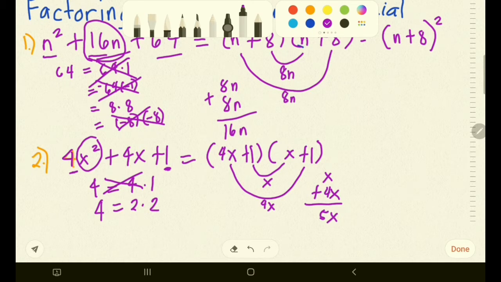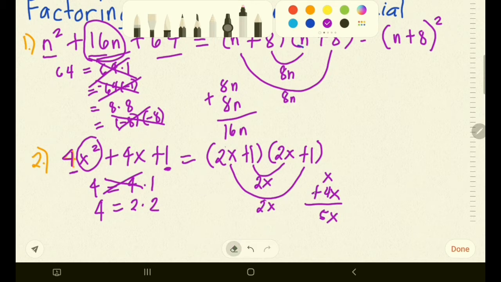Okay, let's try. You have the partner of x, which is 2, so you have 2x and another 2x. Multiply 1 times 2x, that would be 2x. Another one, 2x times 1, that is 2x also.